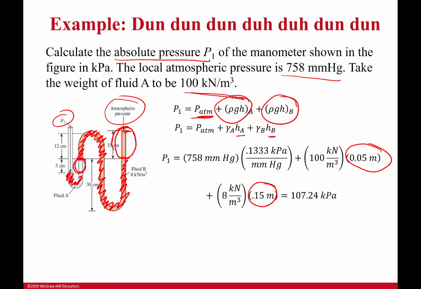And guess what? How much of fluid A isn't matched? 5 centimeters worth. How much of fluid B isn't matched? 15 centimeters. The specific weights are given to us by the problem itself. We plug it all in, and we have our answer, which is 107.24 kilopascals.